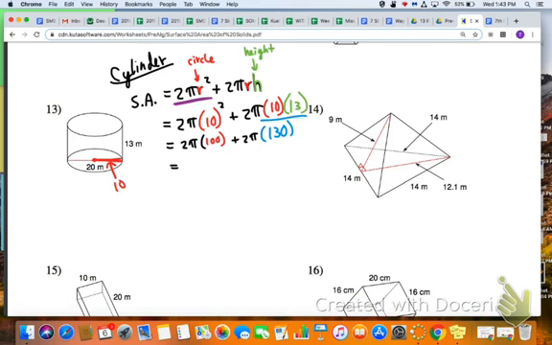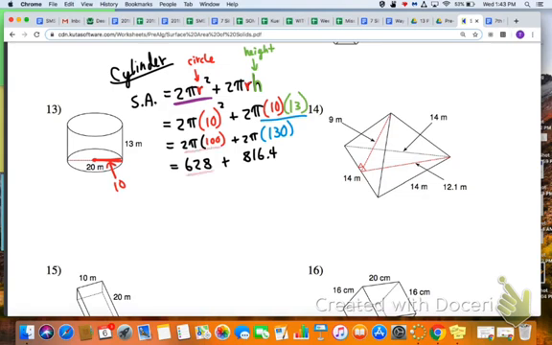So 2 times pi, or 2 times 3.14, times 100 will give me roughly 628. And then if I do the second part, 2 times 3.14 times 130, that's going to give me roughly 816.4, okay?